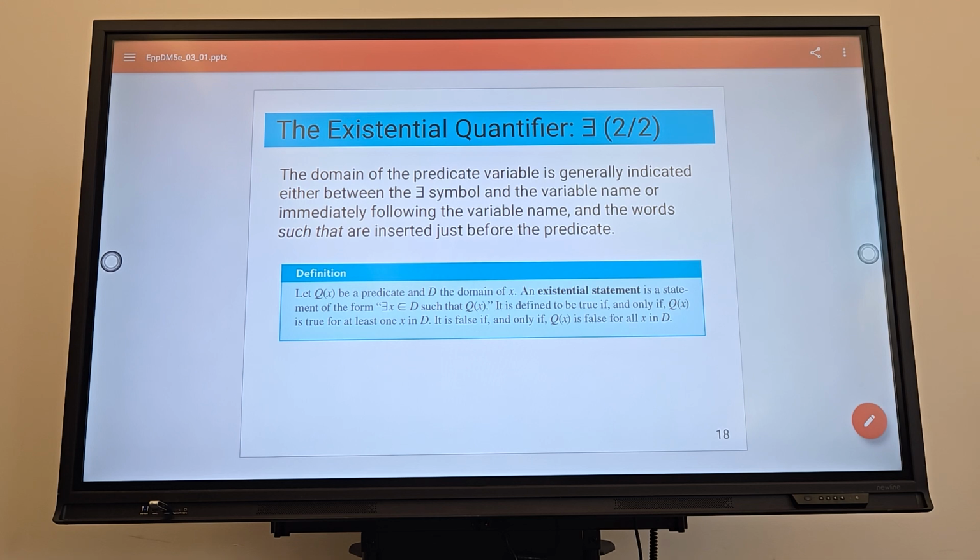An existential statement is a statement of the form: there exists an x that's an element of D such that Q of x is true. It is defined to be true if and only if Q of x is true for at least one element in D. It is false if and only if Q of x is false for all x in D.